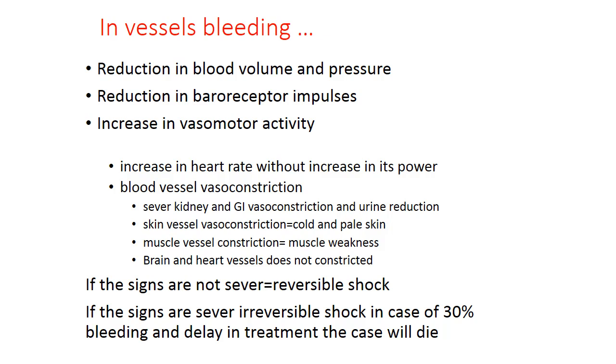Vasoconstriction is seen in the blood vessels. Kidney and GI vessels vasoconstrict, and skin vessels vasoconstrict, and because of that during bleeding the patient feels cold and the skin is pale. Muscle vessels vasoconstrict, and because of that muscle weakness is seen during bleeding.